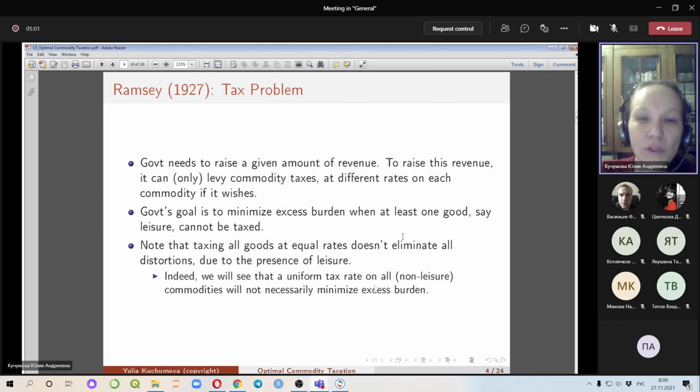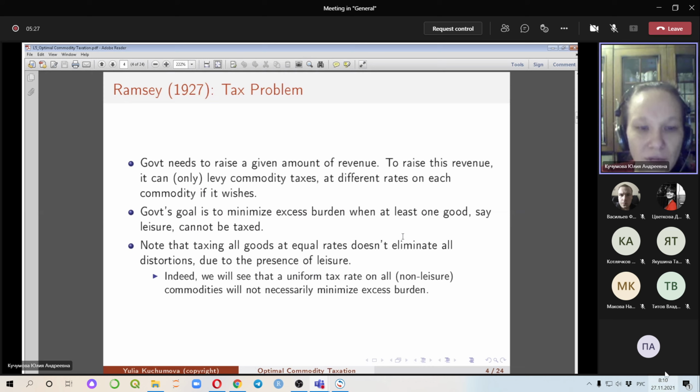So what is it about? The government needs to raise a given amount of revenue, and to raise this revenue it can only levy commodity taxes, at different rates on each commodity if it wishes. The government's goal is to minimize excess burden when at least one good, say leisure, cannot be taxed.